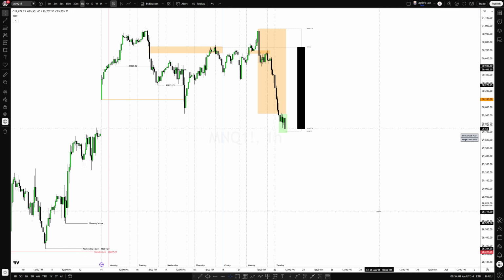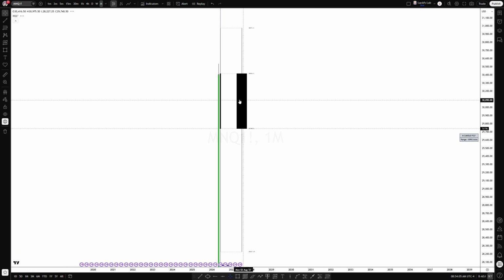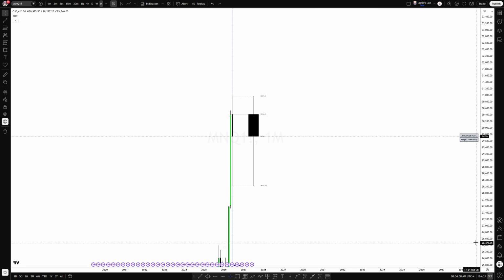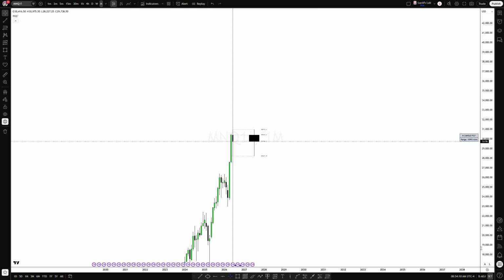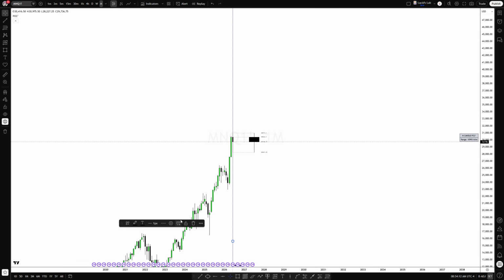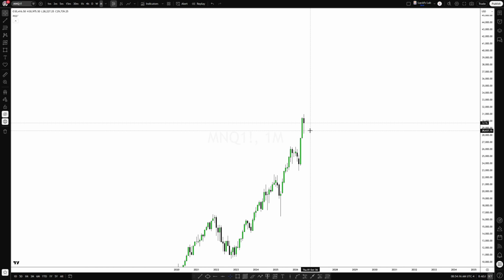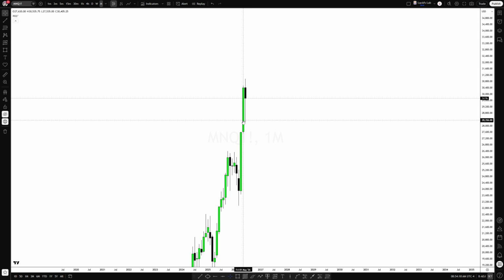The weekly's bearish. That means the monthly's as well bearish because of the retrace. But take that off real quick, showing the lines. But because of the retrace, yes, we are bullish for the month of June in a sense, but because of that retrace away from the high of the week, that candle is of course going to show that bearishness.